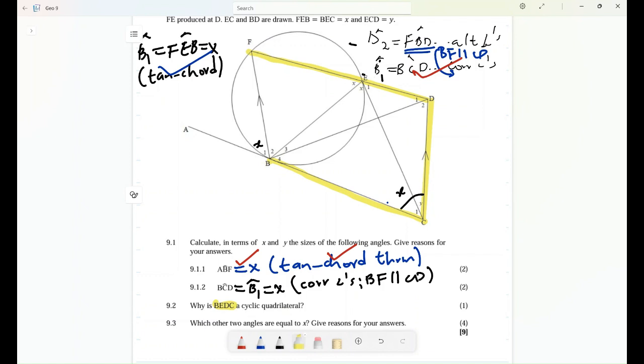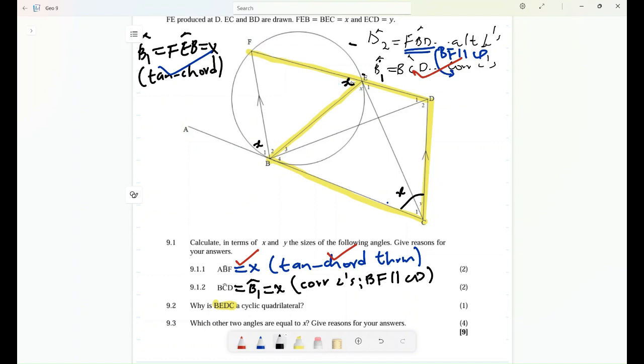Let me remove this so that you can see. I want you to see that. All right, this is X. We all agree, so that I make it more visible. This is X. So why am I using this one as an exterior? Because I know this exterior angle. Okay?